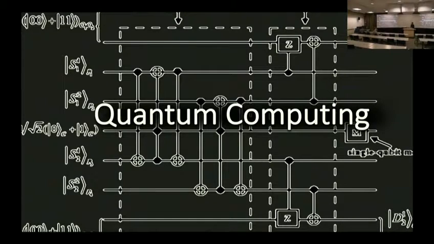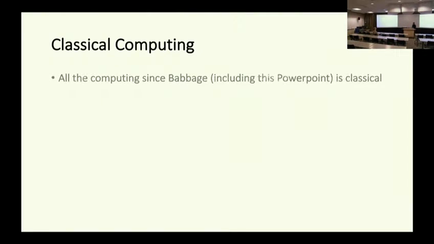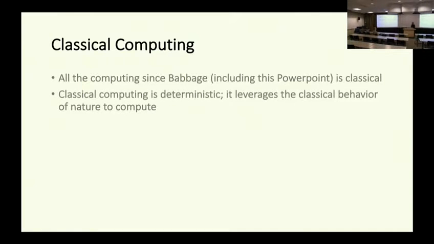All right, so how does all this apply to quantum computing? Well, first, classical computing, just to reiterate, all the computing that we know about is classical, like PowerPoint. It's deterministic, it leverages the classical behavior of nature to compute.